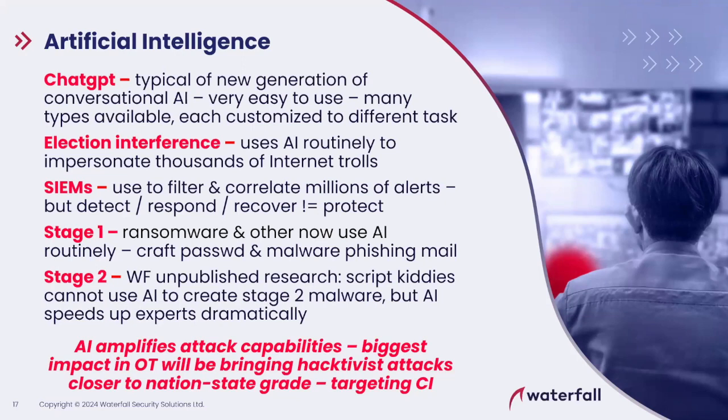Now, on the defensive side, to be fair, AI has been used for years to figure out, I've got millions of alerts coming in, which of these really are attacks. What's new, what Waterfall is doing, is looking at stage 2. Assume the bad guys can get into the IT network. Stage 2 is reaching into the OT network and causing damage. Can we use ChatGPT to do that?